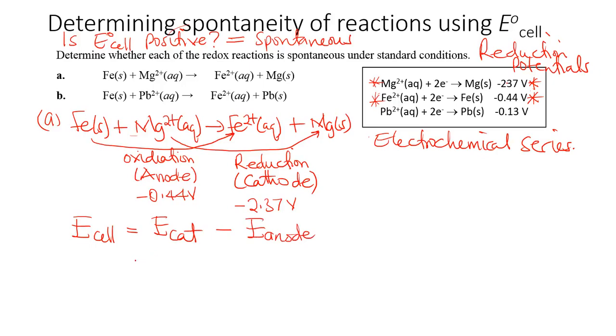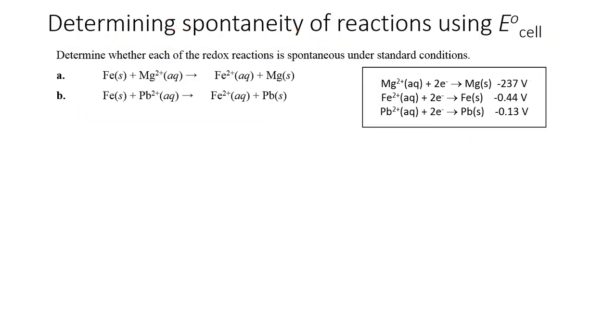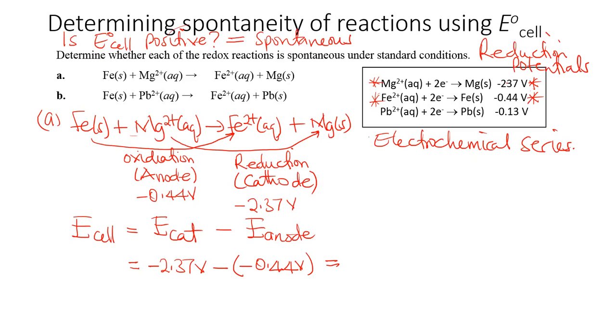So in this case, our cathode is minus 2.37 V minus our anode, which is minus 0.44 V, which gives us, when we do our calculation, minus 1.93 V.